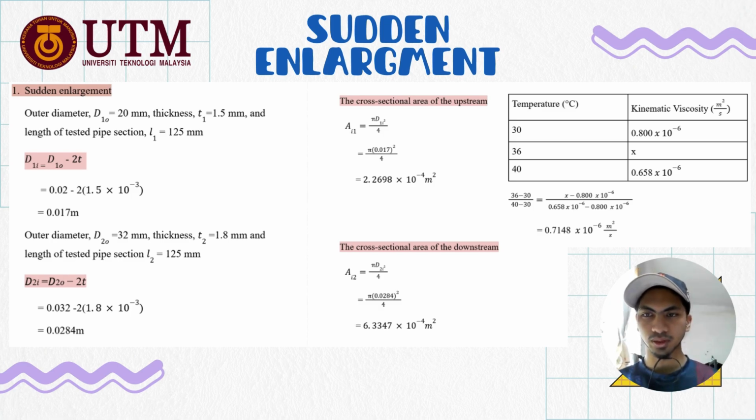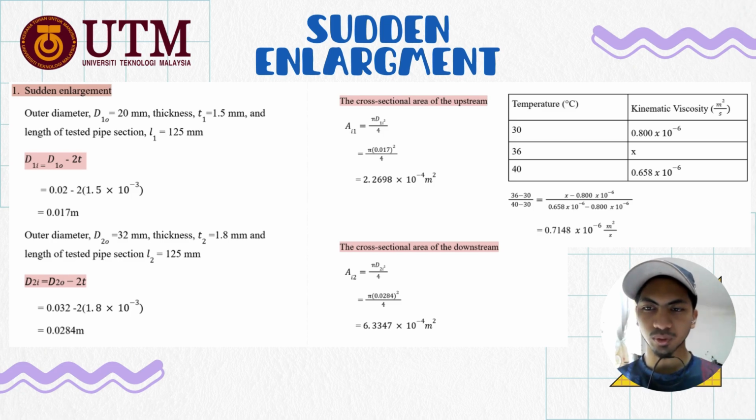We use the formula D1 inlet equal to D1 outlet minus 2T. Here D1 outlet is 0.02 minus 2 times T, where T is the thickness of the pipe, 1.5 exponent negative 3, and we get 0.017 meter.